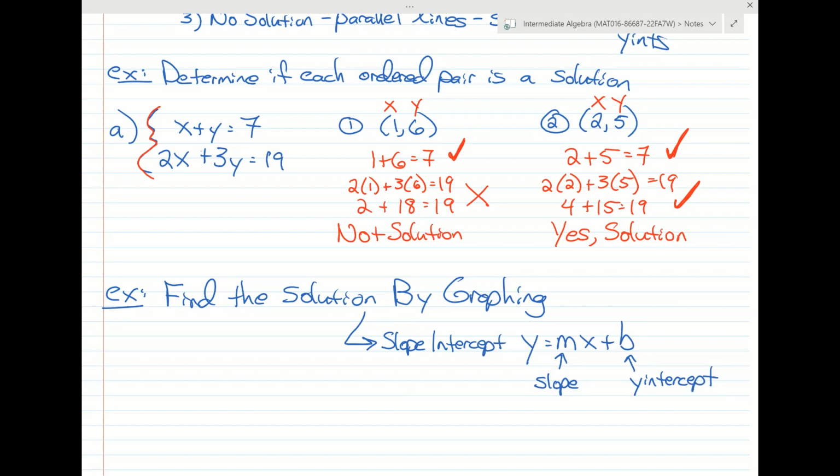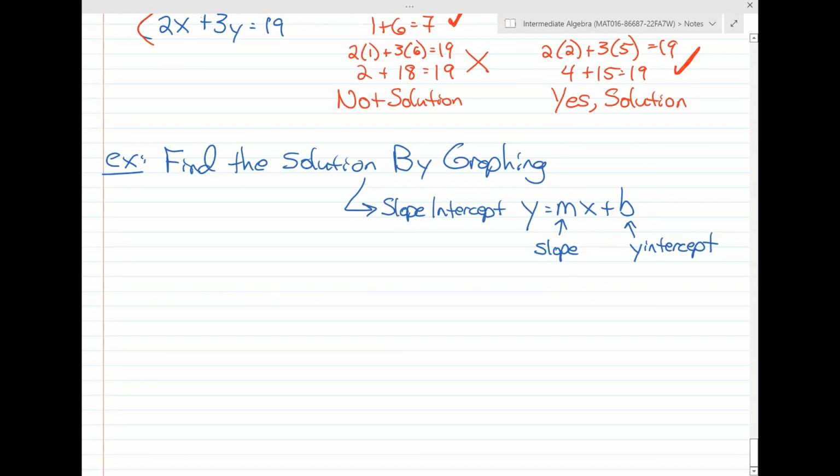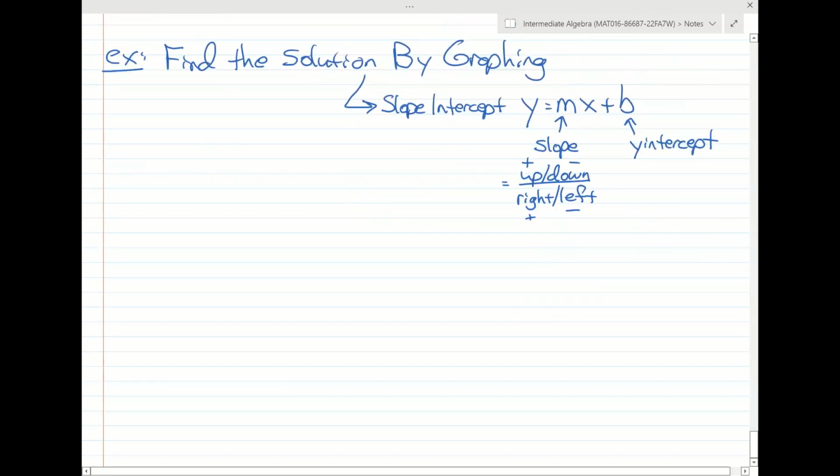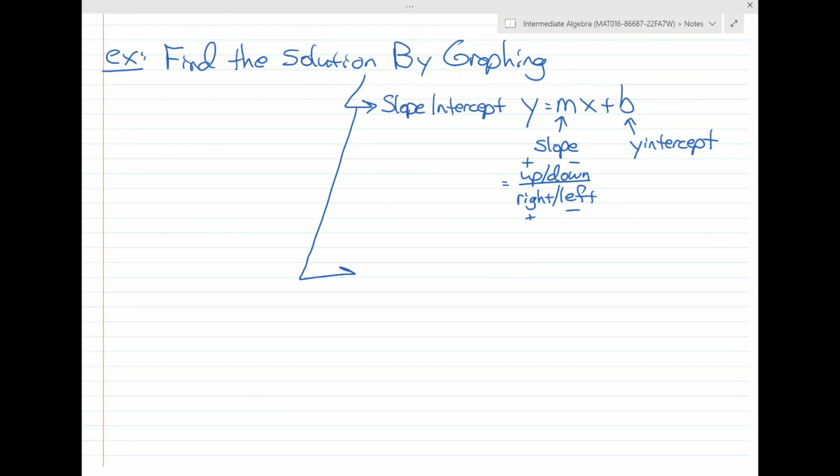We talked a little bit about slope and y-intercepts. Just as a refresher, the slope is usually a fraction where the top tells you whether you go up or down, and the bottom tells you whether you go right or left, depending on if it's positive or negative. So we can graph lines by finding their slope. We could also graph lines by finding their intercepts.